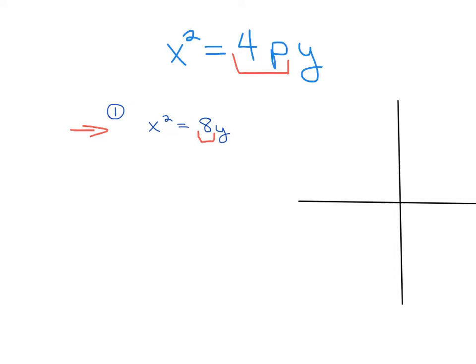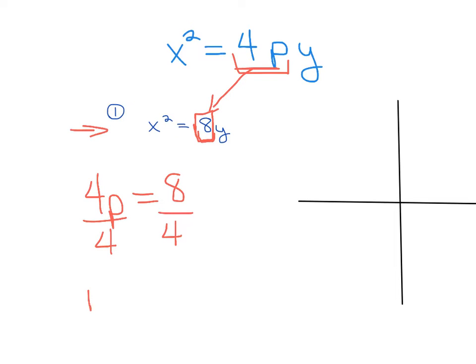And whatever number is in front of the variable that's not squared is your 4p. So I need to figure out what the value of p is, so I'm going to make an equation. I'm going to set 4p equal to 8. I'm going to divide by 4, and I find out that my p-value is 2.